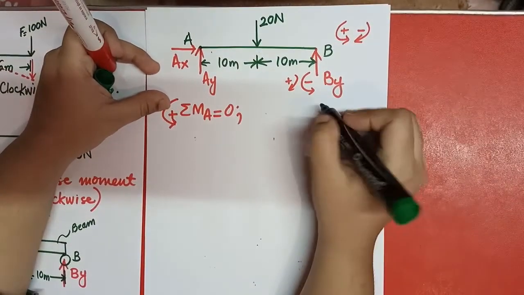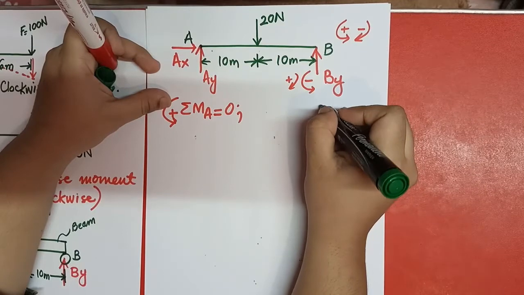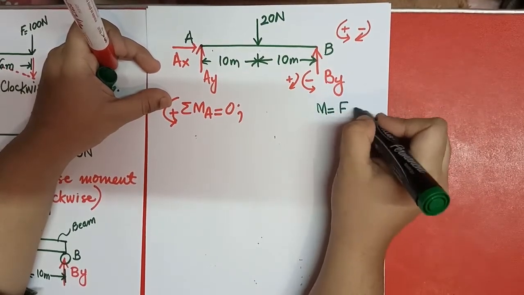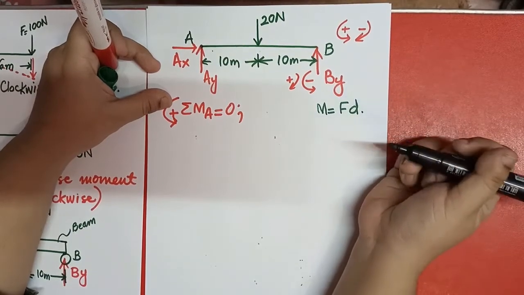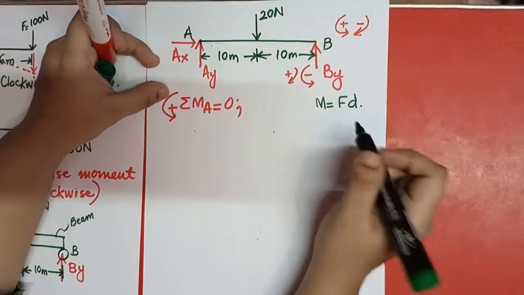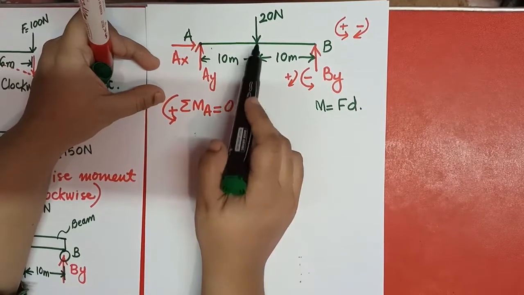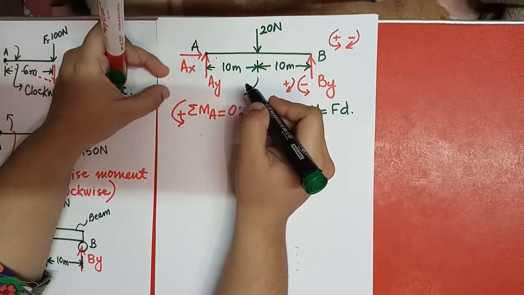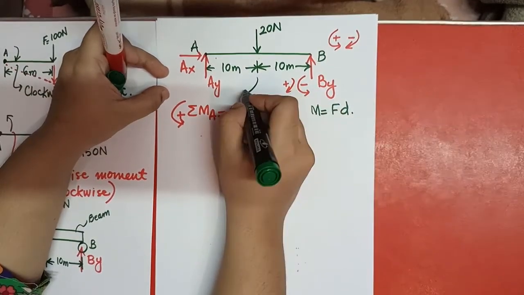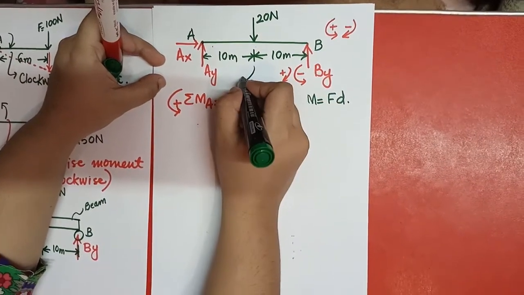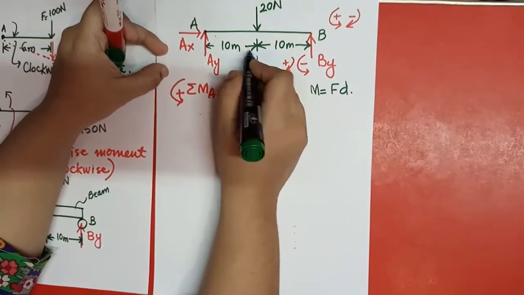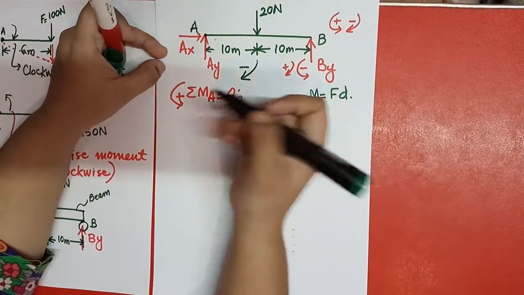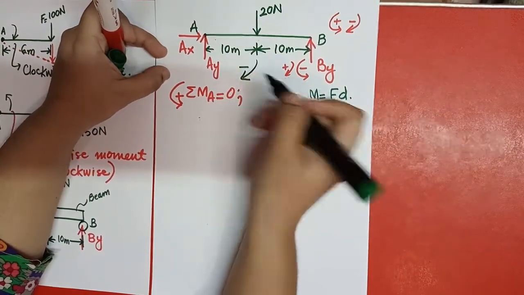And I am going to tell you the formula for moment also: moment is equal to force into displacement. We have already discussed this in the previous lectures. So if you are going to sum up the moment at point A, this rotation should be like this and this direction should be negative, because you have taken counterclockwise direction as positive.